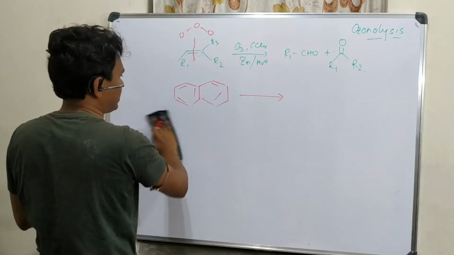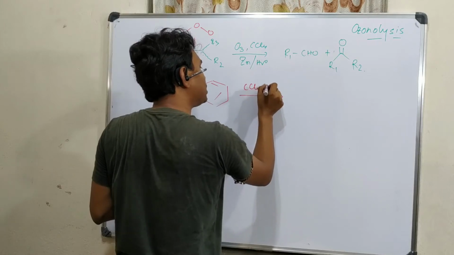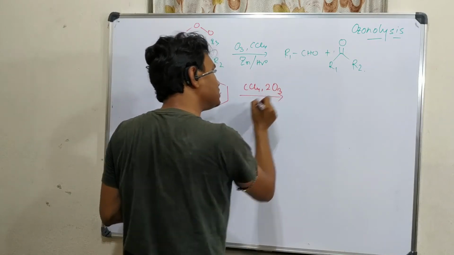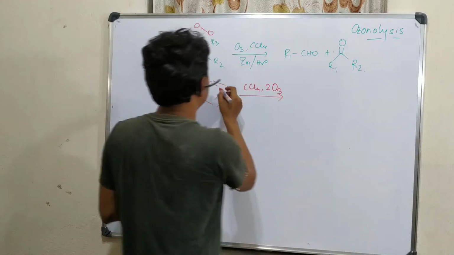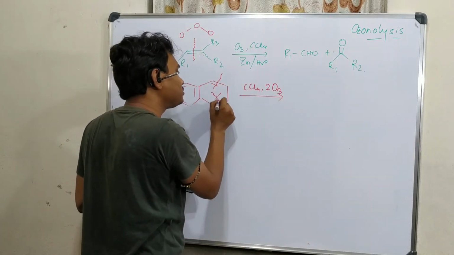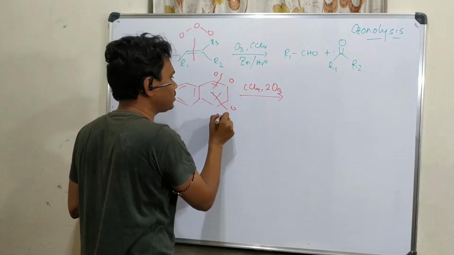That's why 1 ring will react. And it is observed that in presence of CCl4, 2 equivalents of ozone are consumed. So it will break here according to the tricks. Here 1 oxygen, here 1 oxygen, here 1, here 1.